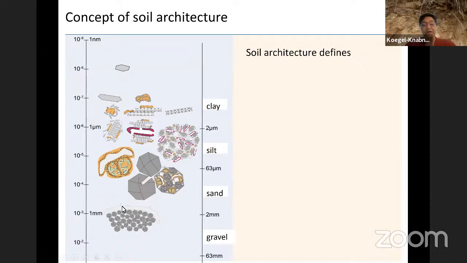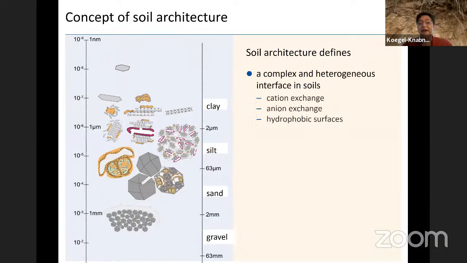This is several orders of magnitude, and these associations in soil define a really complex and heterogeneous interface in the soil that is relevant for cation, anion exchange, but we also find hydrophobic surfaces that can also interact with other hydrophobic substances.